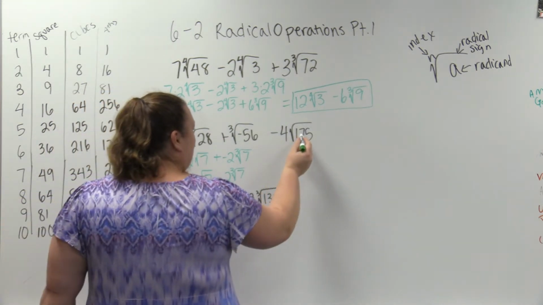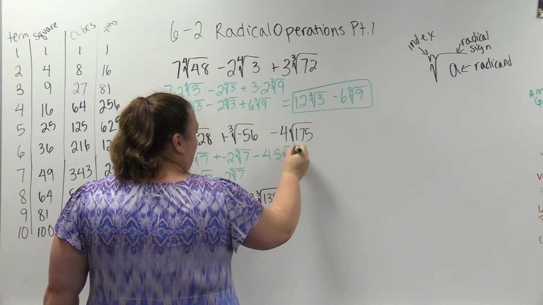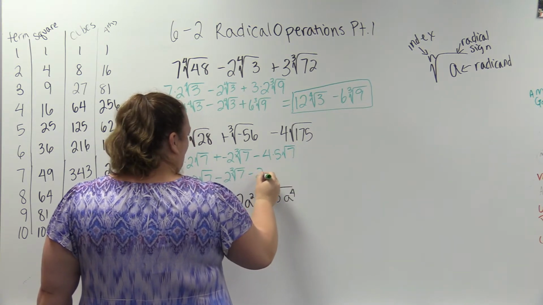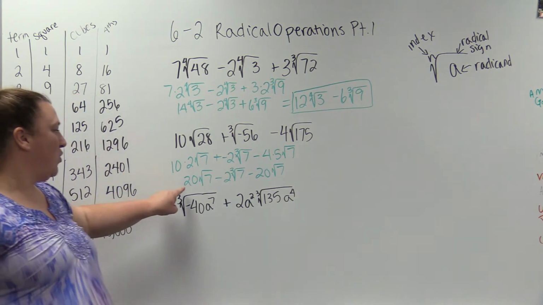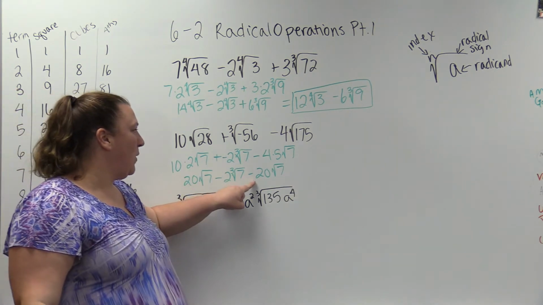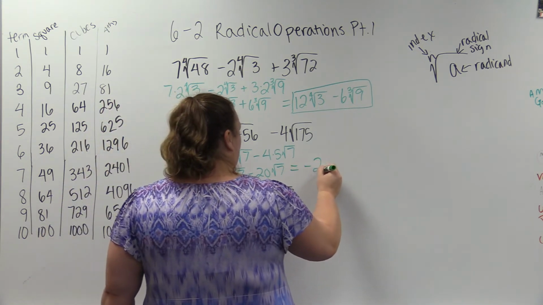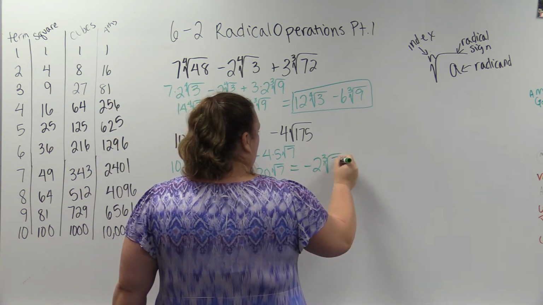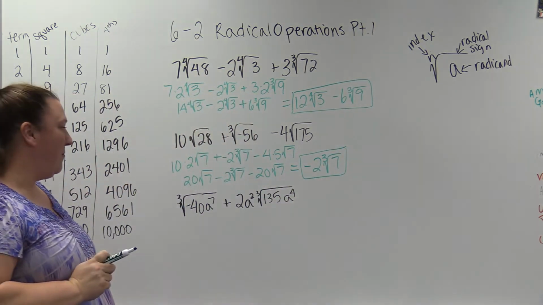So the square root of 25 is 5. So I get minus 20 square roots of 7. What do you know? 20 square roots of 7 minus 20 square roots of 7 is 0. And I am simply left with negative 2 cube roots of 7 to be my final answer.